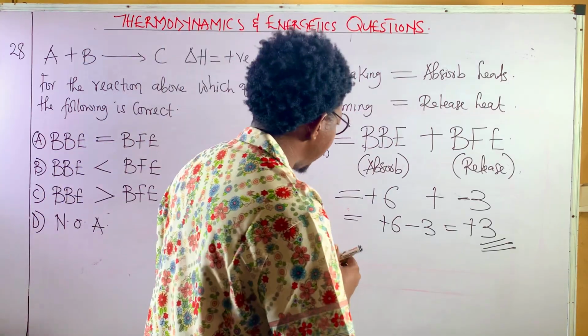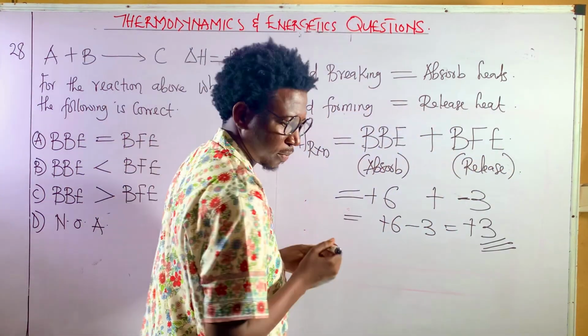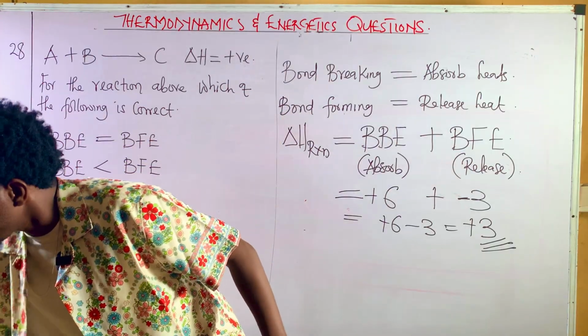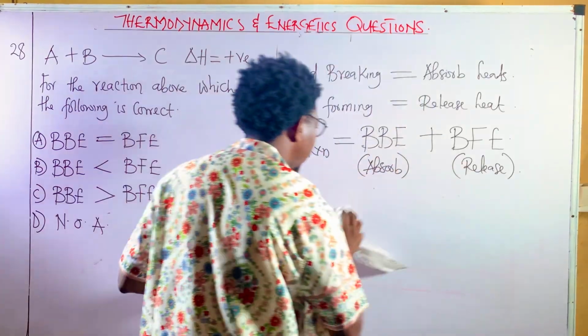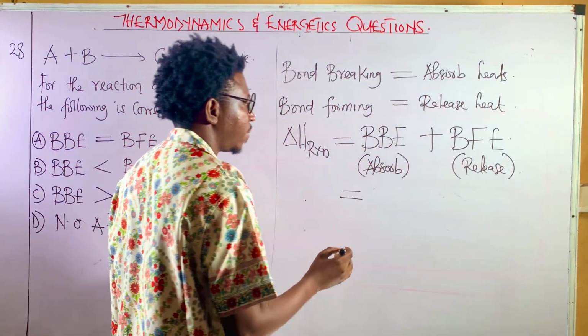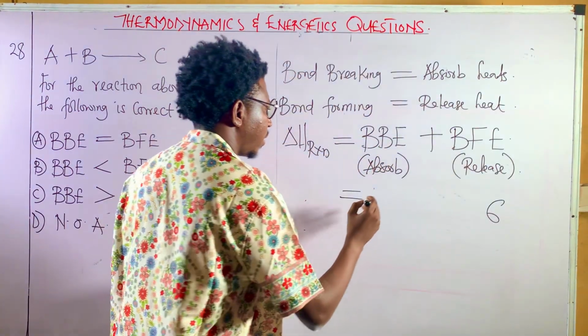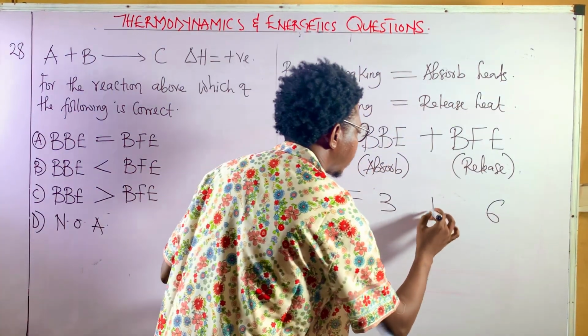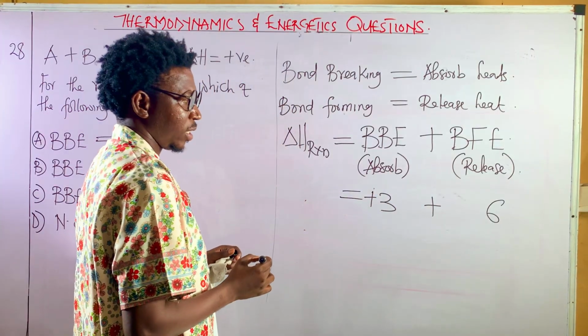Now, let's see what will happen if bond formation energy is greater. Let's see if this is greater: 6 and 3. Add the sign. This is usually plus because heat is absorbed.